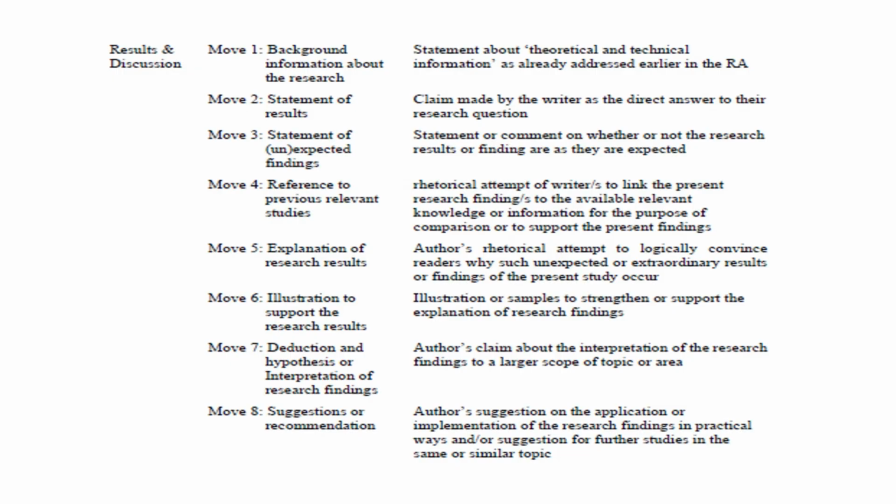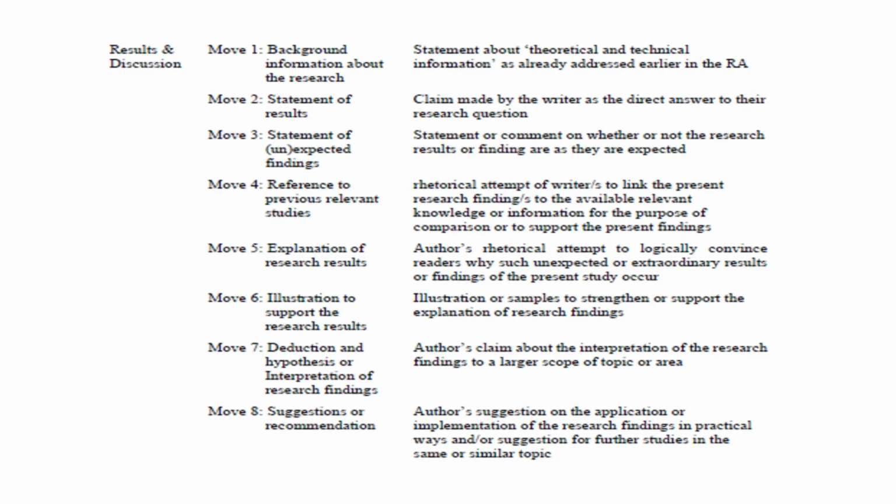convincingly. According to Swales, result and discussion has eight moves, but in social sciences and humanities, I think it has up to six moves, because moves seven and eight can come into another section, which is called the conclusion section.